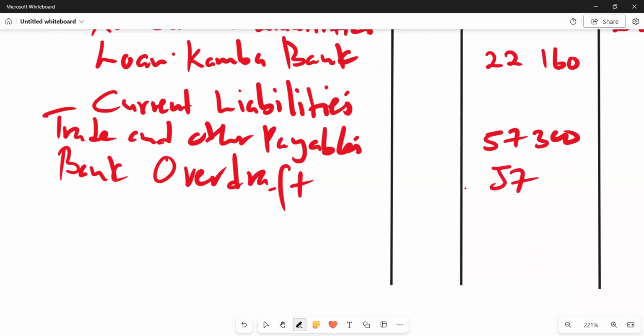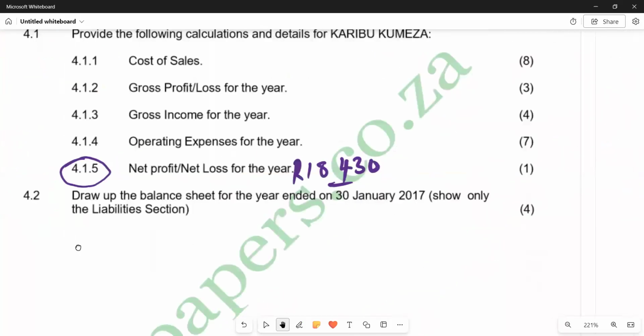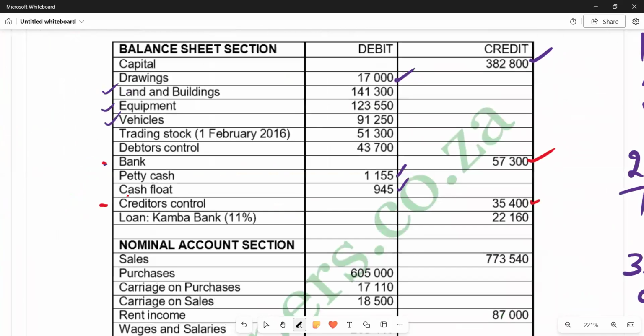57,300. So it means our trade and other payables is not 57,300. Let's try to see. That's the figure that we got for bank overdraft. Then trade and other payables, we check in terms of the creditors control figure that we are having. If it's 57,300, which means we made a mistake there. So our creditors control, we are given this is 35,400.